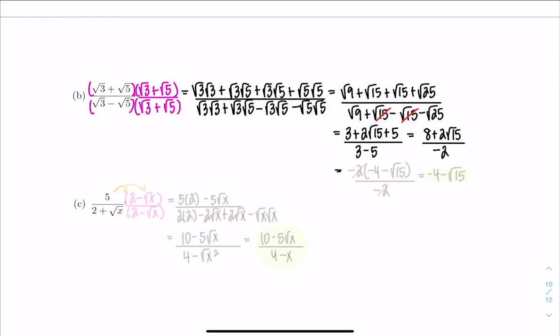On the top, we can factor out a greatest common factor of 2. Let's go ahead and just do negative 2. So this gives me negative 4 minus the square root of 15 all over negative 2. And so the negative 2's cancel. And we end up with negative 4 minus the square root of 15.